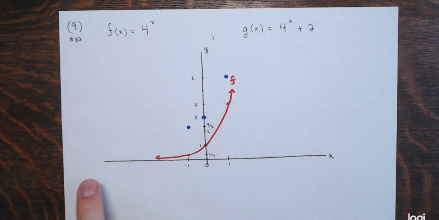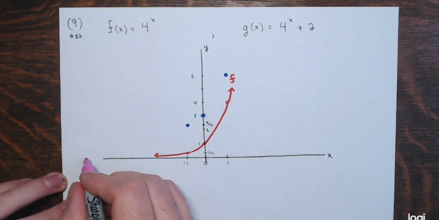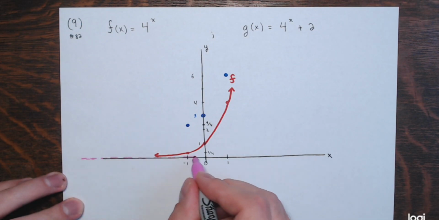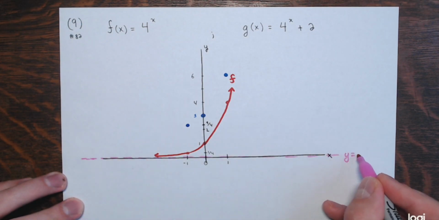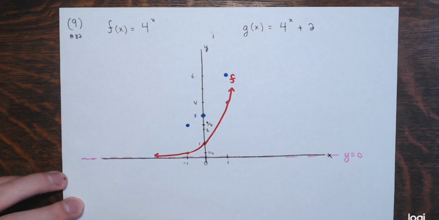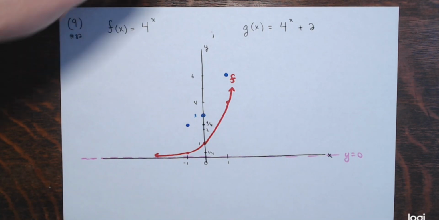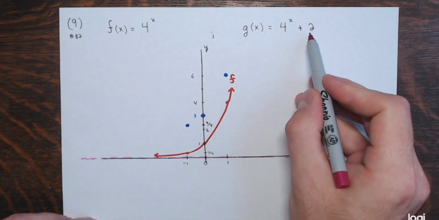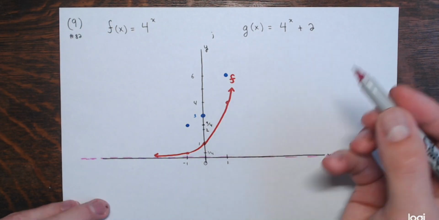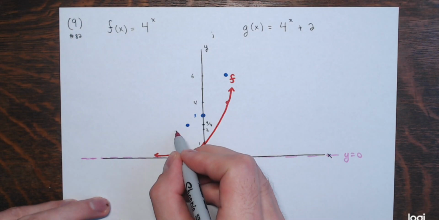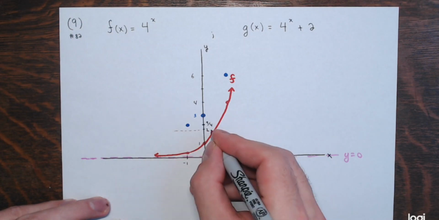And for the graph of f, y equals 0 is the horizontal asymptote. But move that up 2 as well. Everything gets moved up 2 with this plus 2 afterwards. So now, a dotted line here at y equals 2.